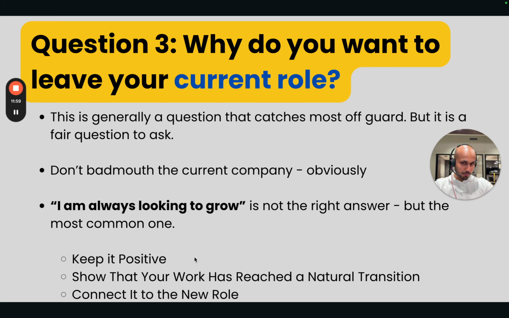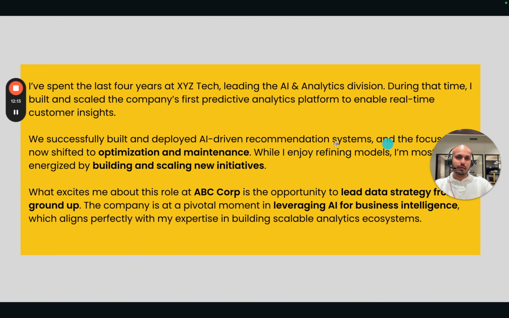So you want to keep it positive, you want to show that your work has reached a natural transition, and then you want to connect to the next role. This connecting to the next role is a consistent theme across the three questions that we have seen thus far. So here, you can use the same example. I'm talking about how we started at this company.